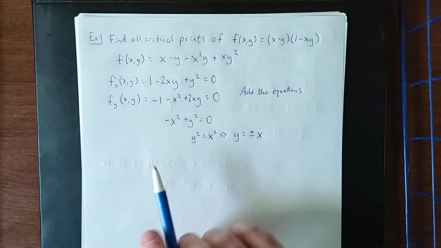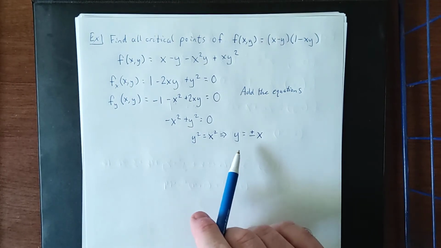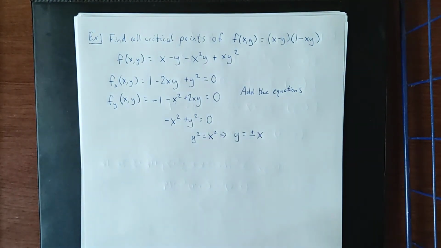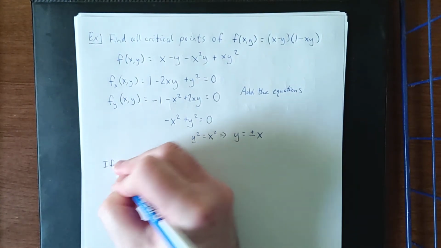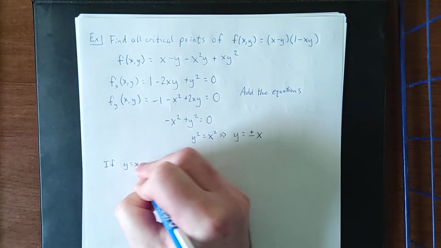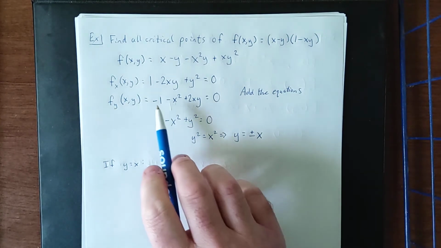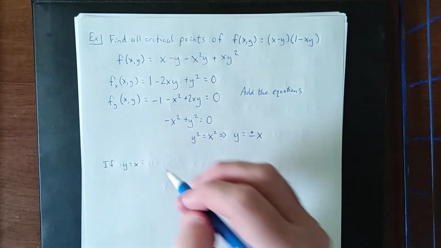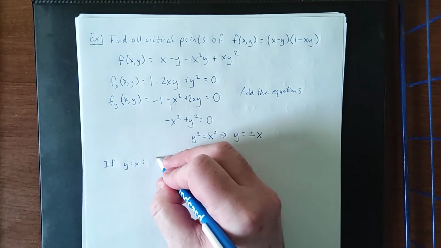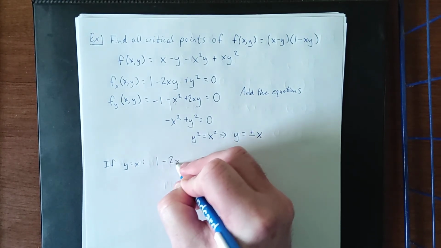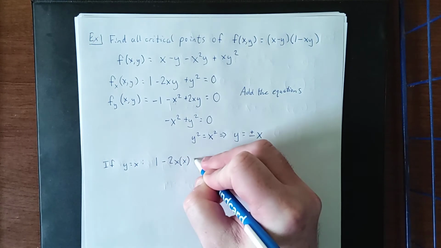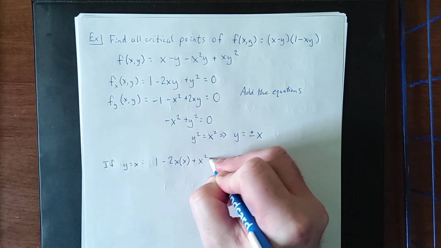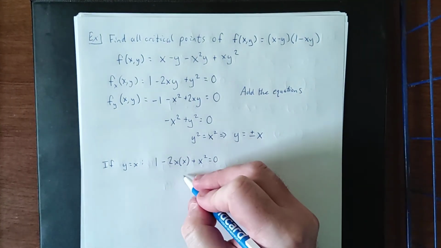This will allow us the opportunity to go ahead and plug these into the original two equations as sort of a substitution. So if y is equal to x, I should get the same result of plugging this into either equation, so we'll just stick with the first equation and change all of the y's into x's. So this will be 1 minus 2x times x plus x squared is equal to 0.